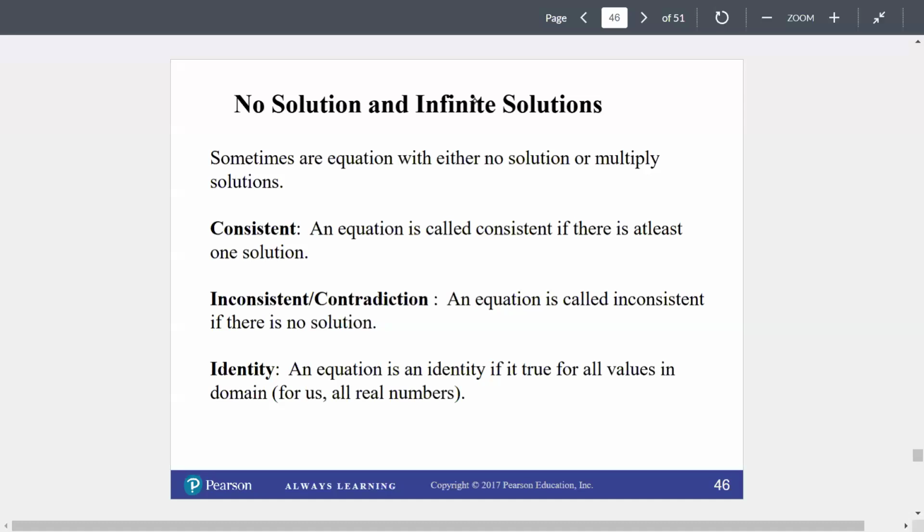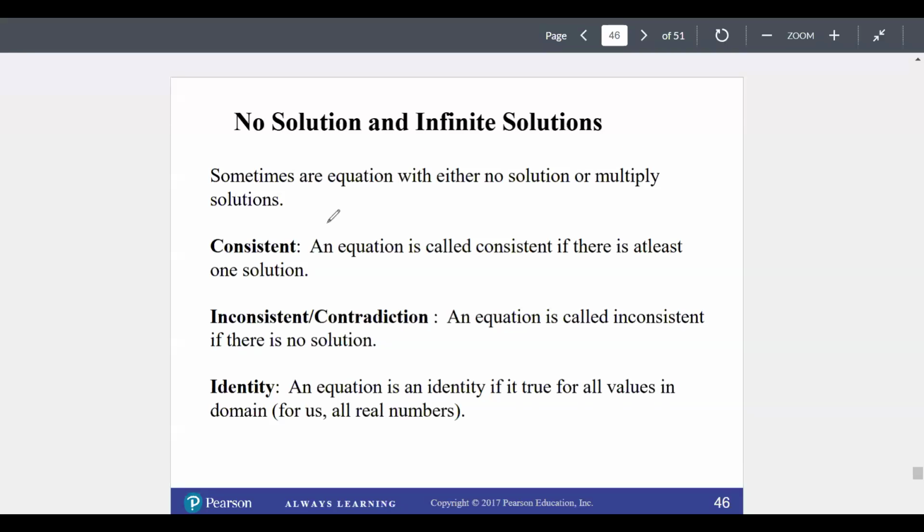So what we have here is that if we're consistent but not an identity, that means we should just have one solution.